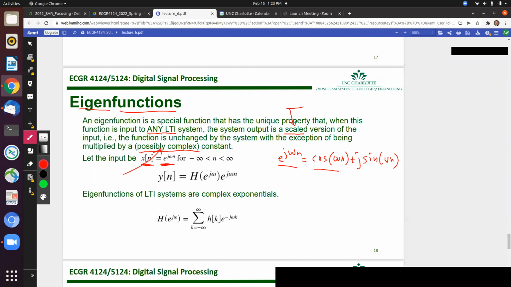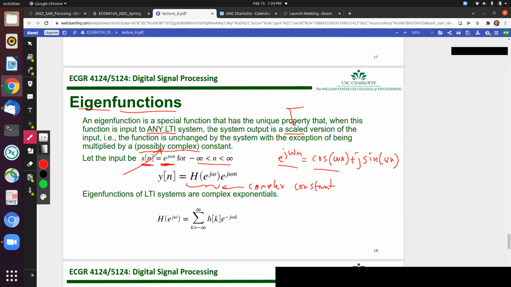If we put that signal in, what I'm saying is that what comes out is the same function multiplied by a complex constant. We're going to call the complex constant H of e to the j omega. It's the thing that satisfies the definition.